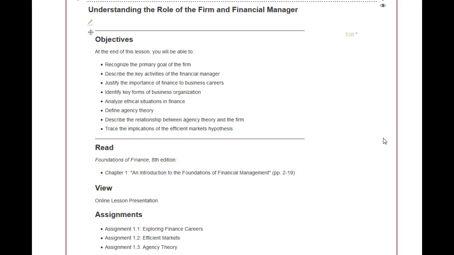Then there's risk requires reward. As we go through some of the calculations and problems we're going to be doing in this course, the higher the risk, the higher the reward. And we're going to use some very interesting tools to calculate what the risk is. CAPM is one way of measuring risk.